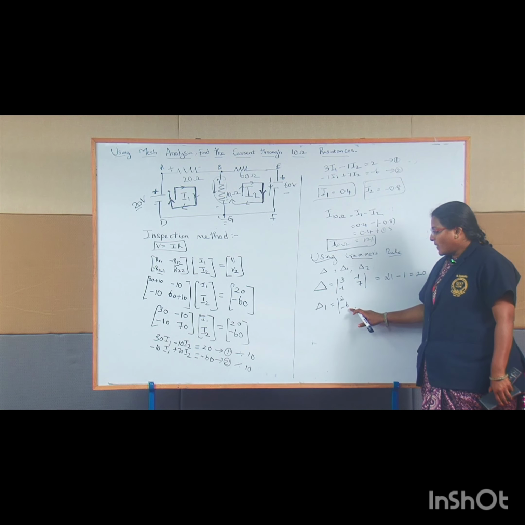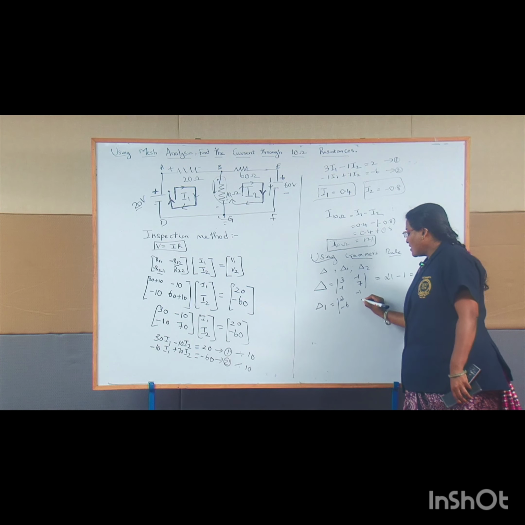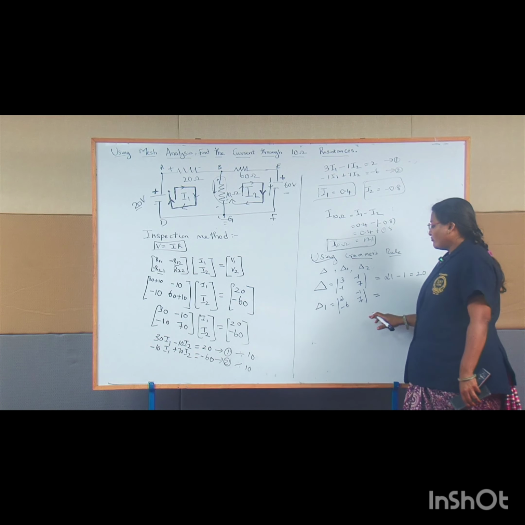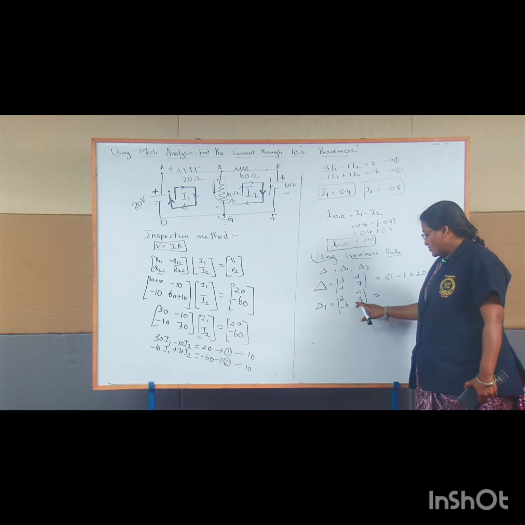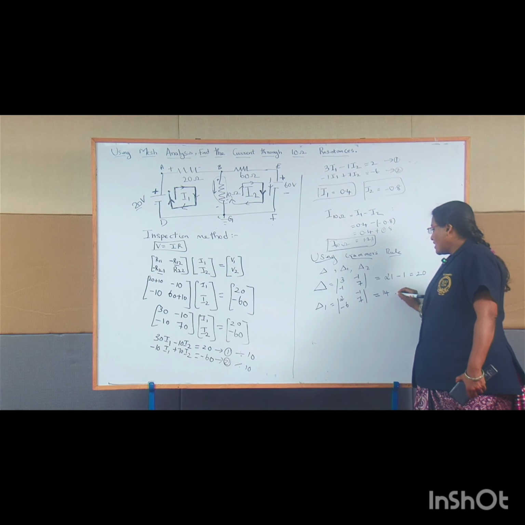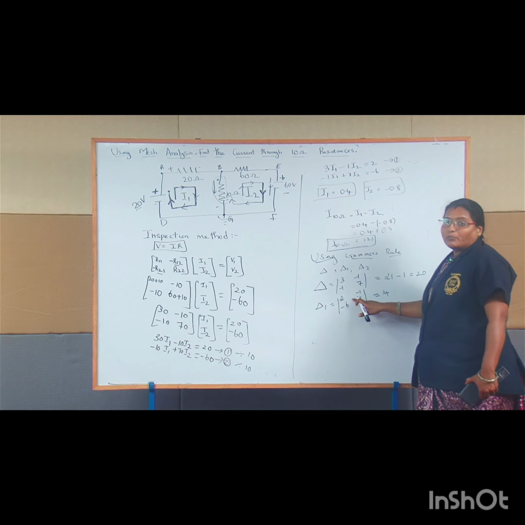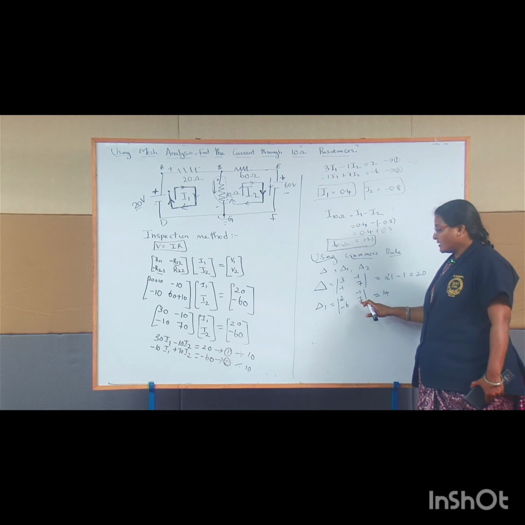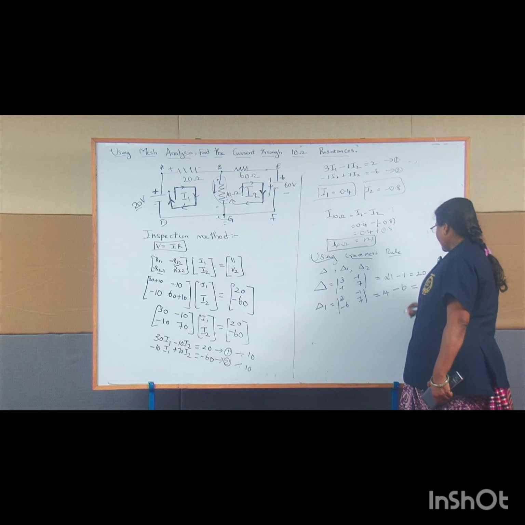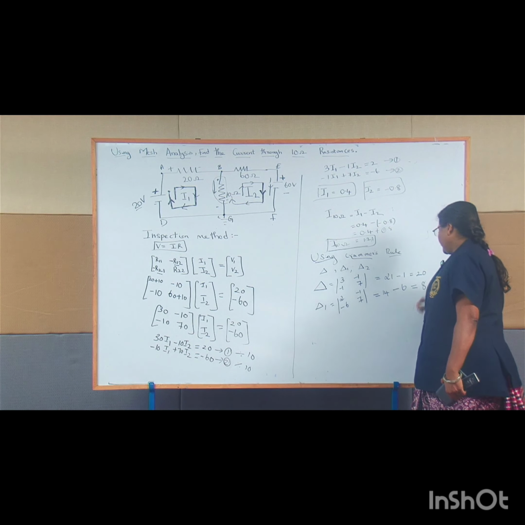So, 2, minus 6, minus 1, 7. Similarly, find the determinant: 7 into 2 is 14, 6 into 1, minus minus becomes plus, plus into minus becomes minus, minus 6. So, 14 minus 6 equals 8.